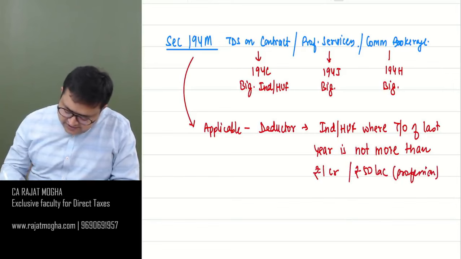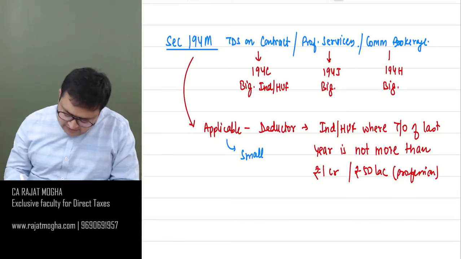So in other words, generally I call them small individual. It is applicable on small individual or HUF.